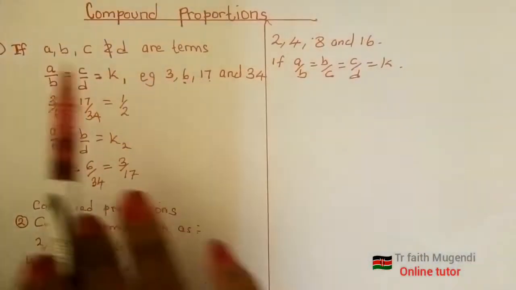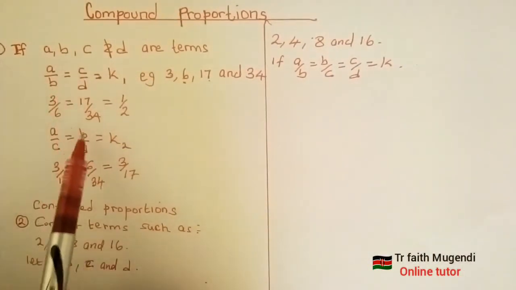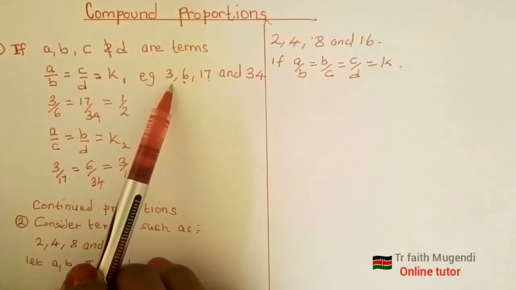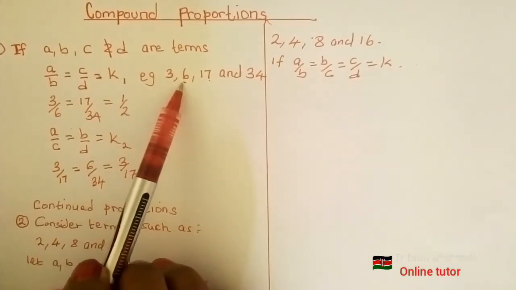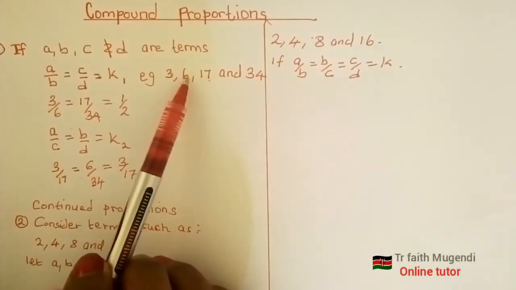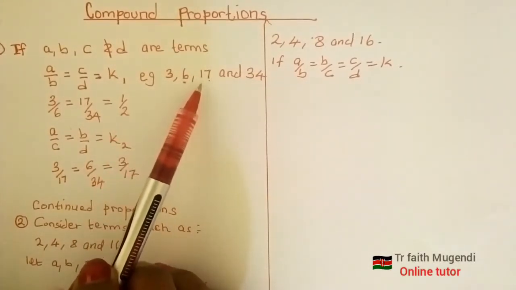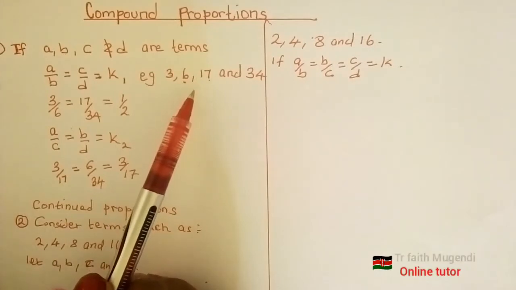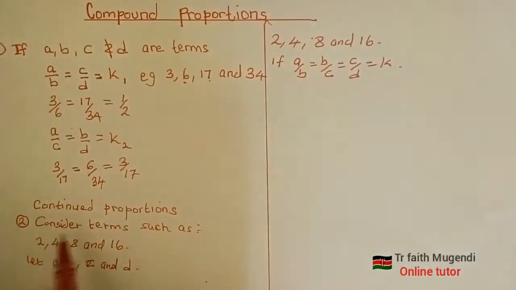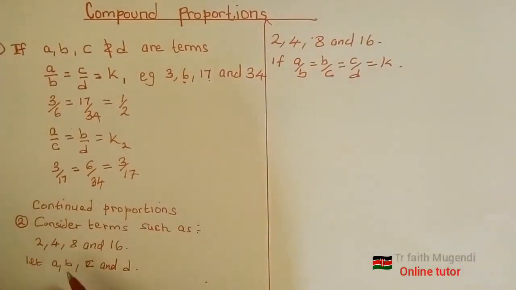In compound proportion, the successive ratios are not the same: 3 over 6 is not equal to 6 over 17 and is not equal to 17 over 34, because we have not taken successive ratios.